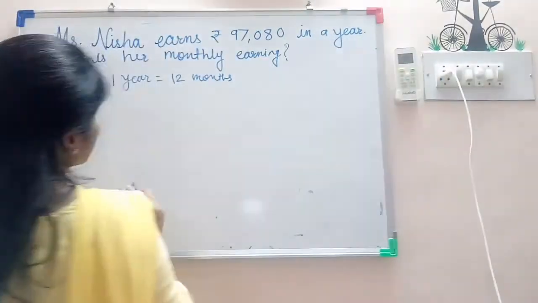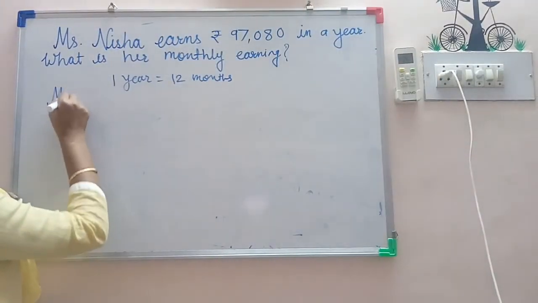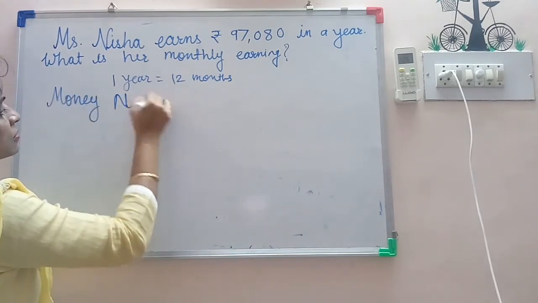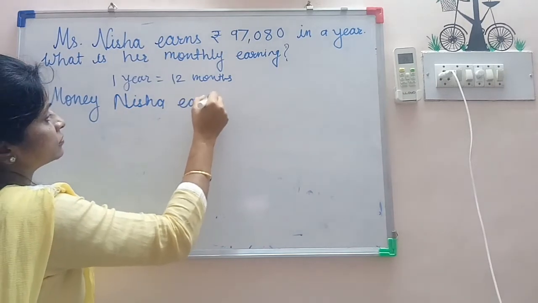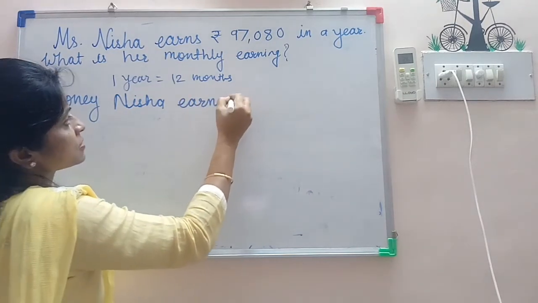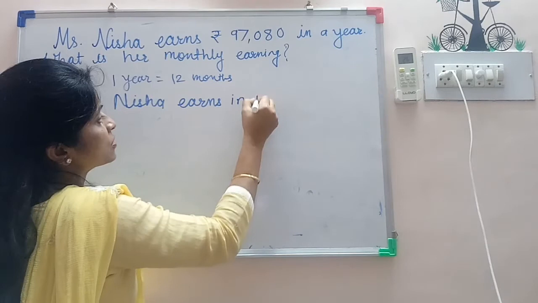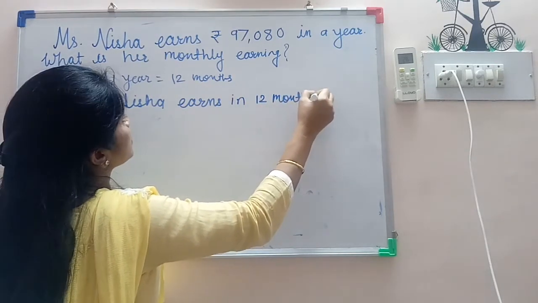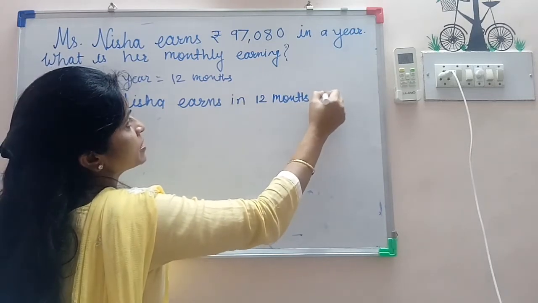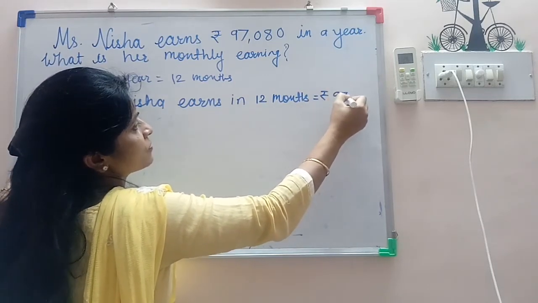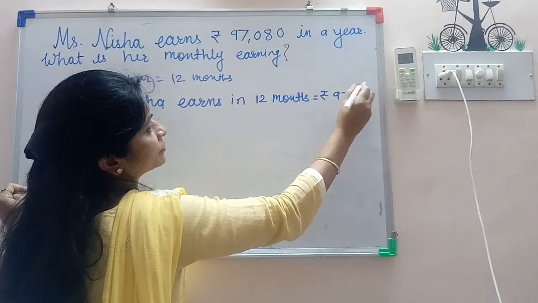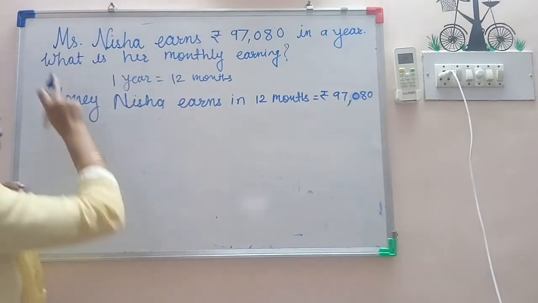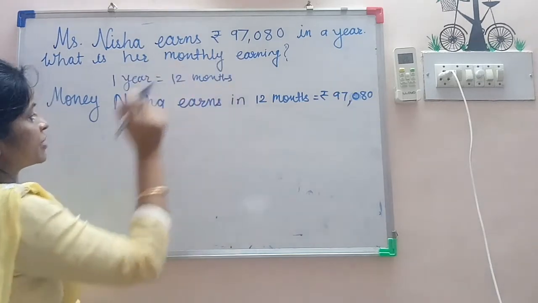So what will be the statement? Money Nisha earned in 12 months is equal to rupees 97,080. Now you have to find out what is her monthly earning.